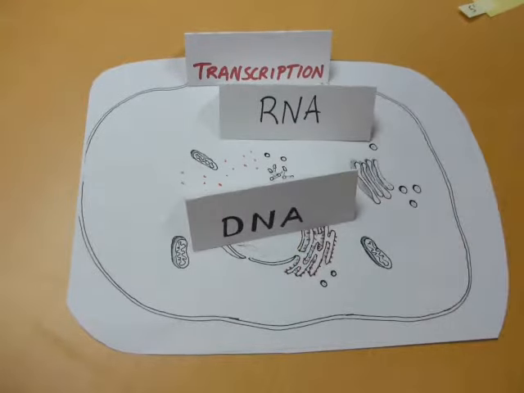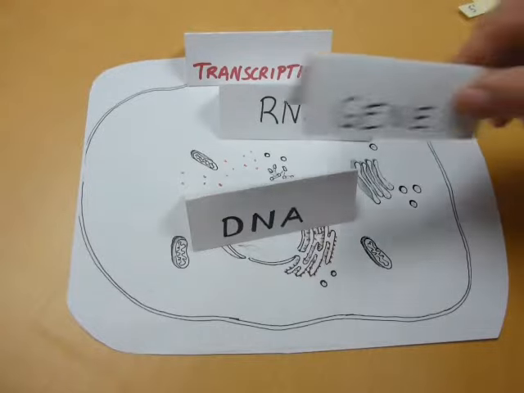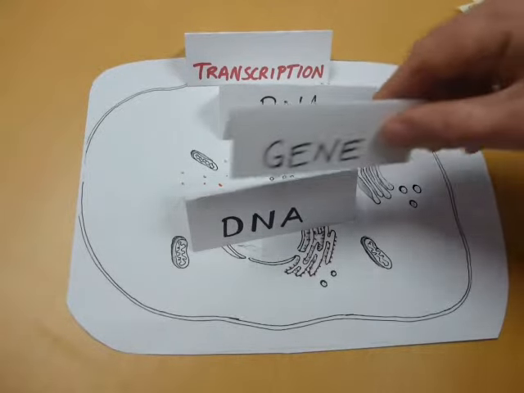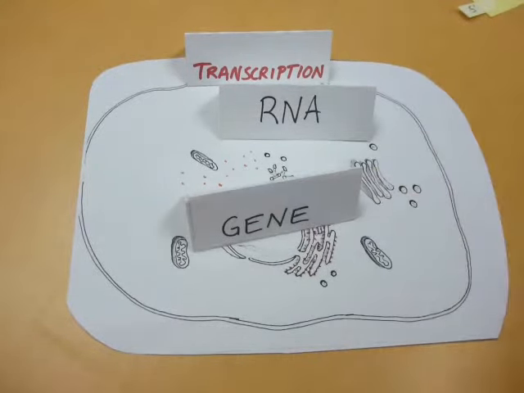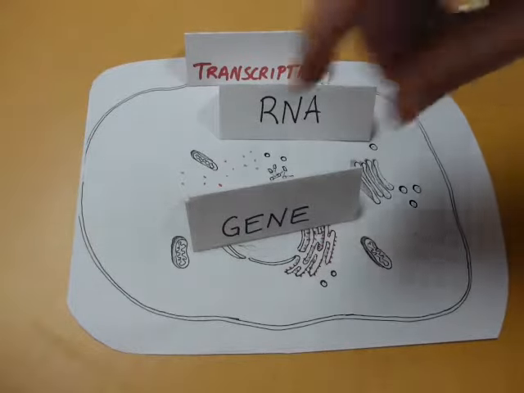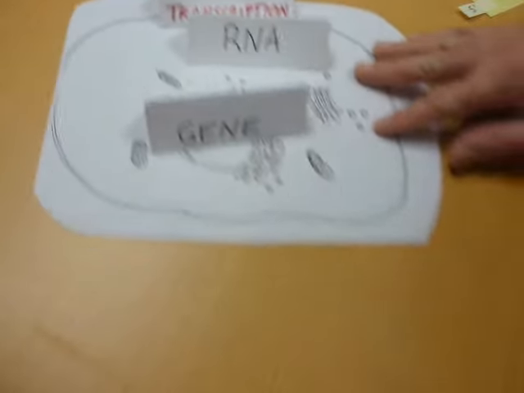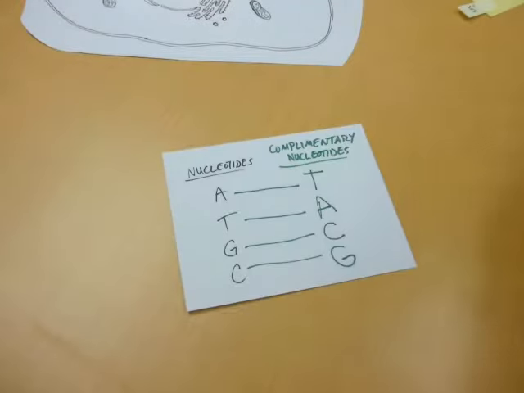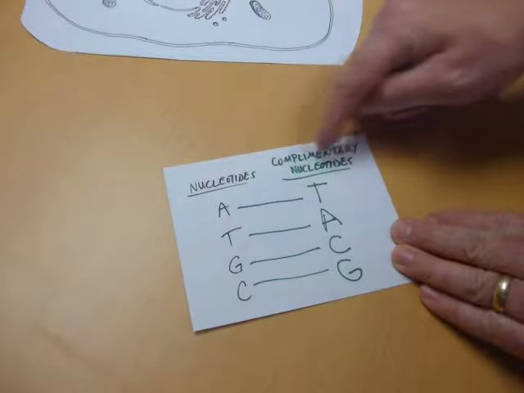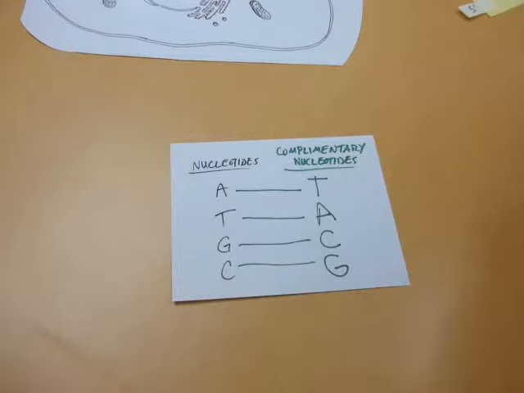Now, we're not going to take the entire piece of DNA, the entire chromosome or all the DNA. We're just going to take usually one gene at a time. That gene is a segment of the chromosome or the whole DNA, and make a small piece of RNA out of that. So this process works similar to replication in that we're matching up nucleotides with complementary nucleotides.